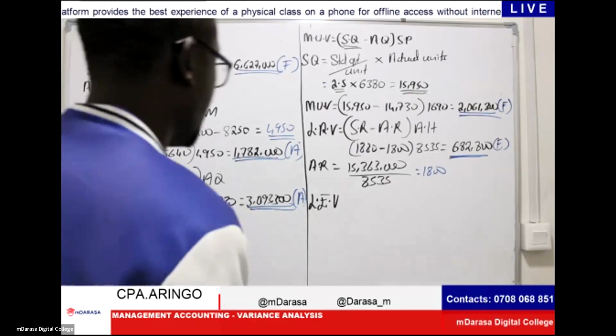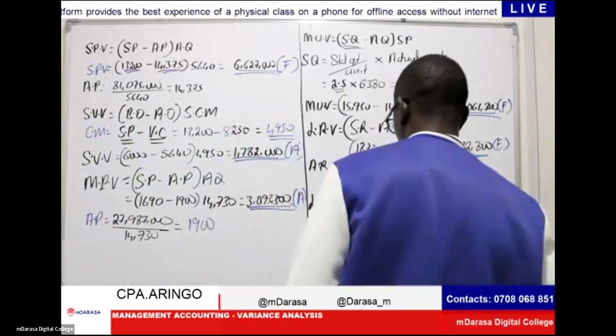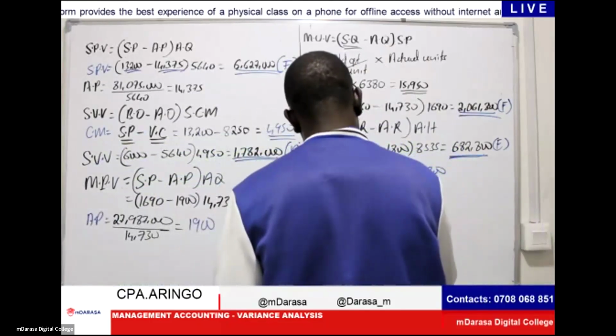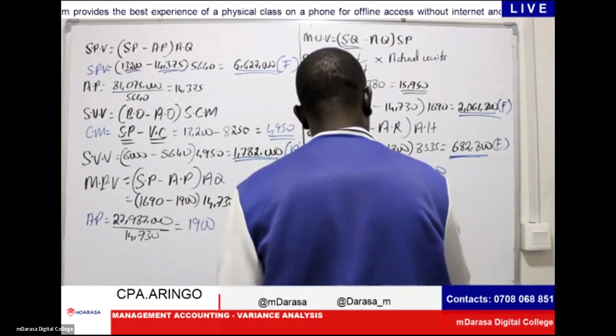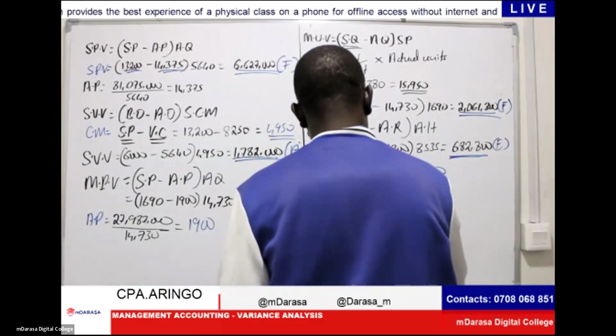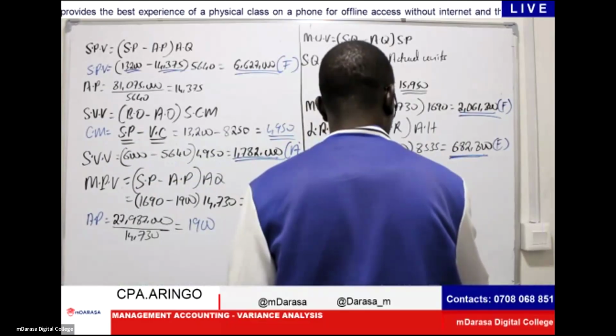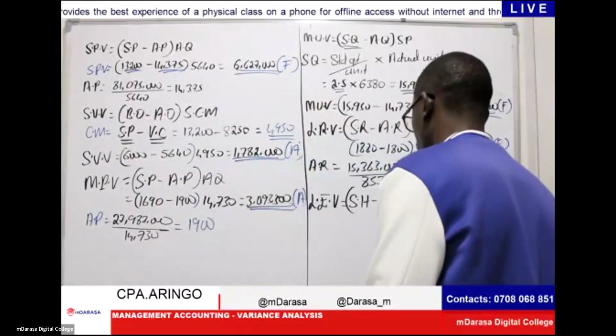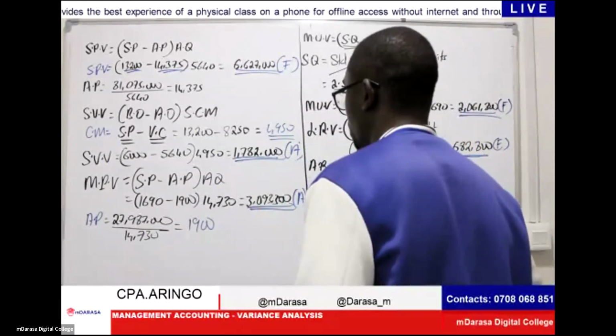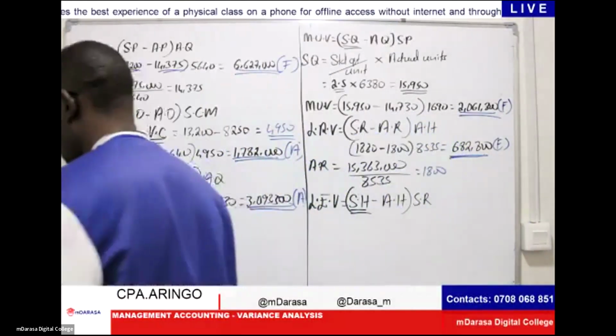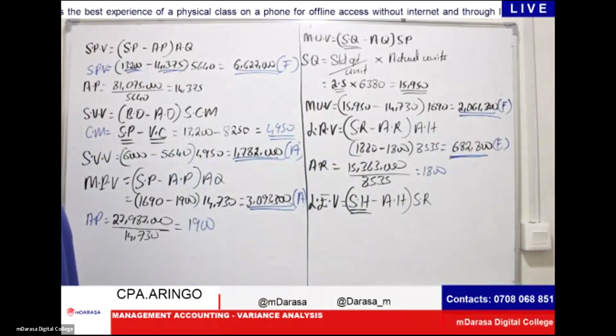As guided, you are given your standard hours in the whole coming, less your actual hours. At this point, this is valued at what? Our standard rate. So you are given SH, the same case as you being given your SQ. Let's do this fast so that you can check another question.